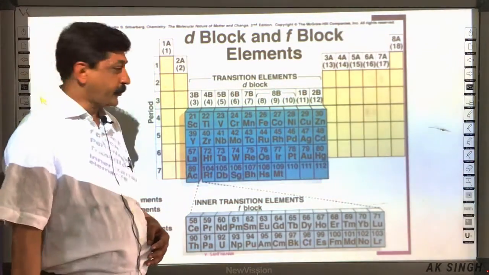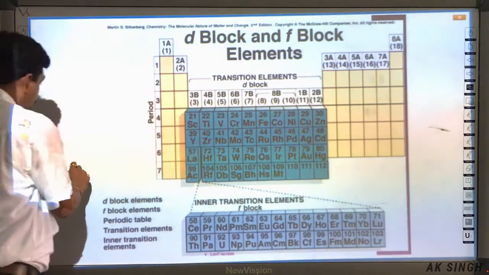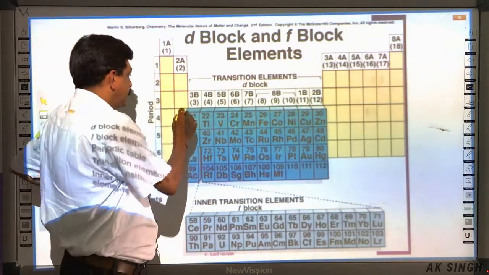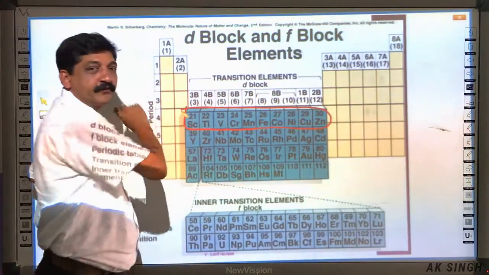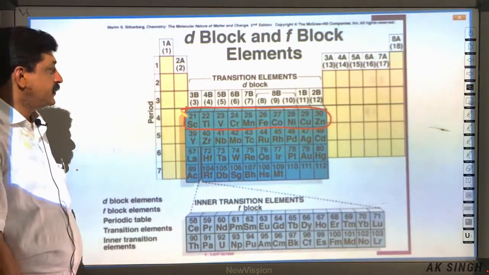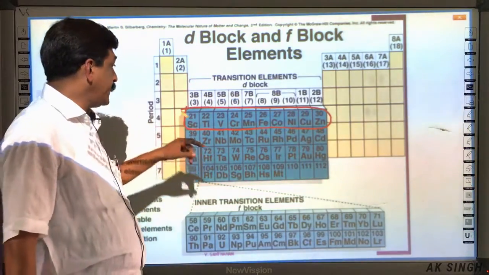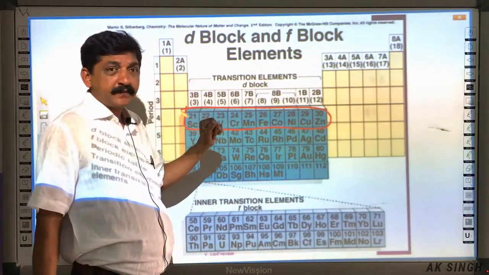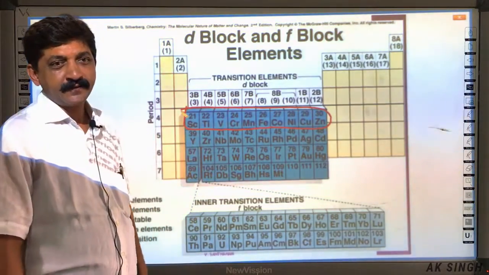So, this is the periodic table, and we are concerned mainly with this 3d series from scandium to zinc. As you have read earlier, these elements are transition elements, they have empty d orbitals.